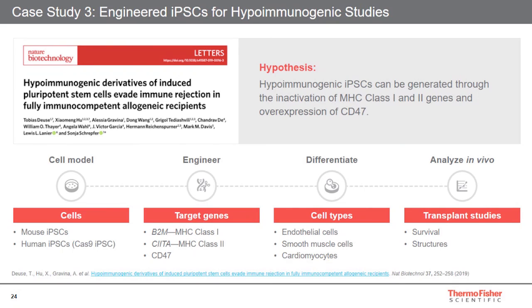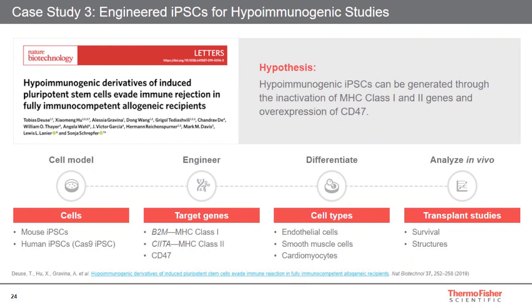After examining gene expression patterns of syncytial trophoblasts, which are the fetal placental cells directly at the maternal-fetal interface, Dr. Schrepfer's group postulated that hypoimmunogenic iPSCs can be generated by mimicking syncytial trophoblast gene expression patterns, which was mainly accomplished by inactivating MHC class 1 and class 2 genes, as well as overexpressing CD47.